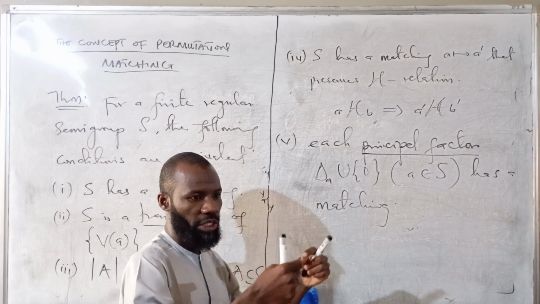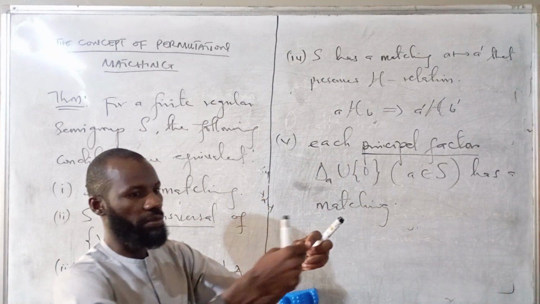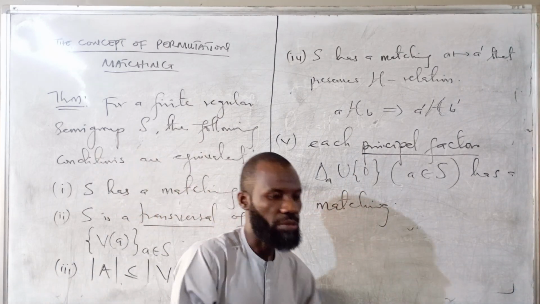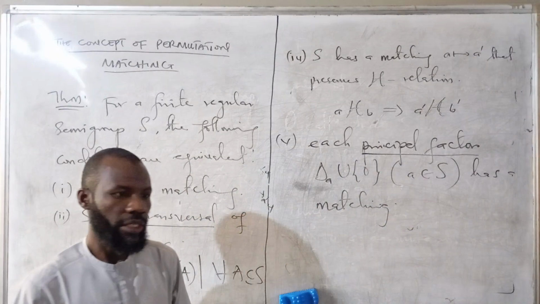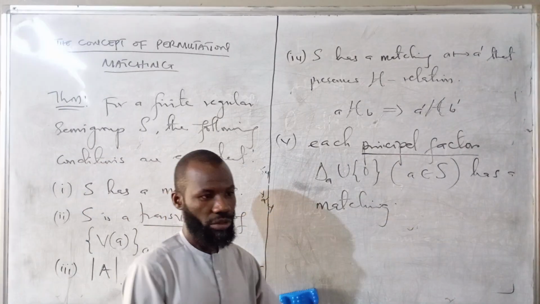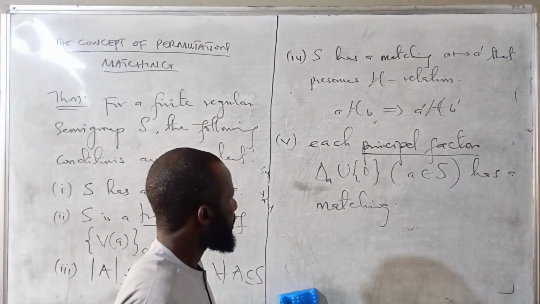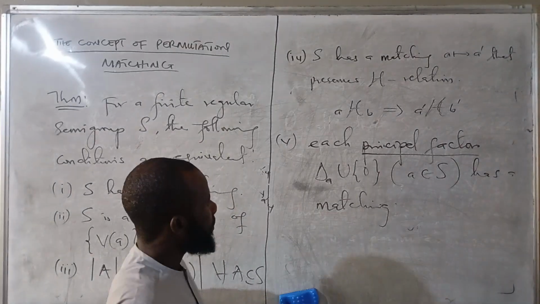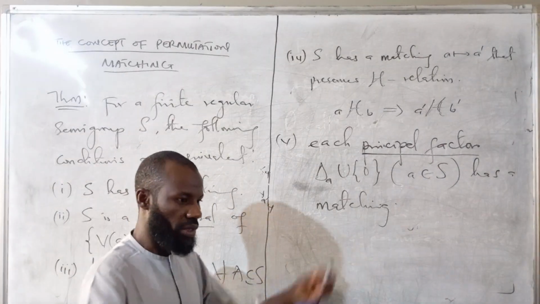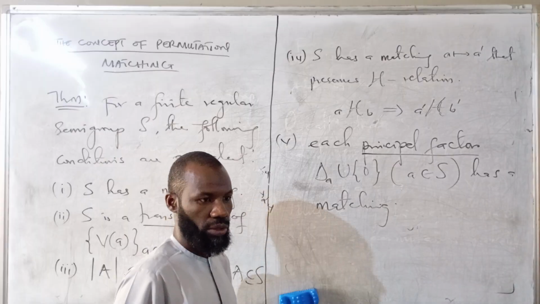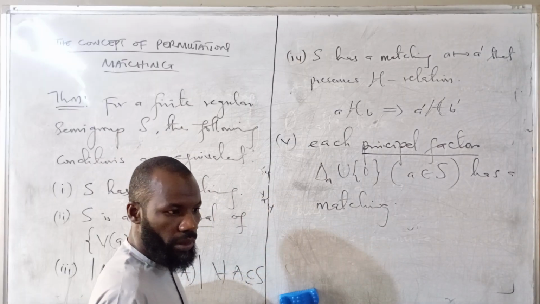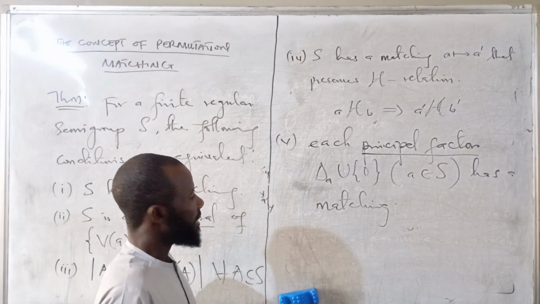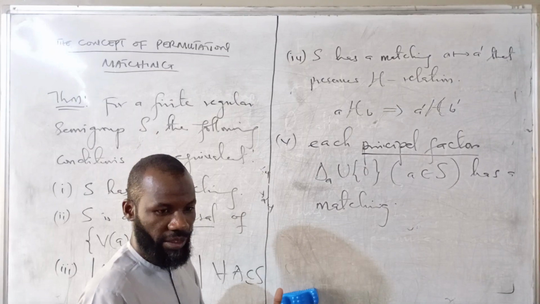Like in the full transformation semigroup, you can multiply elements of height r, but the result may be of a lower height, r minus 1 or something. Are you following? Yes. So how do you make that D class closed? By introducing a 0 element.